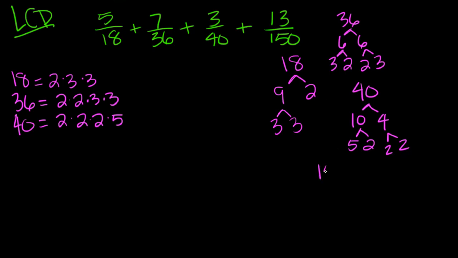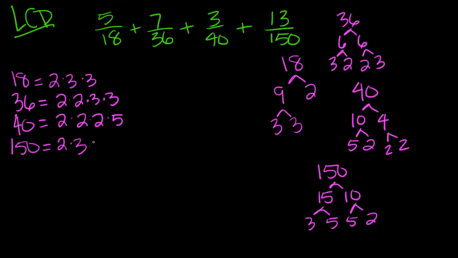And lastly, we've got 150. Let's see, 15 and 10. 10 is 5 and 2. 15 is 3 and 5. So then we have that 150 is equal to 2 times 3 times 5 times 5.